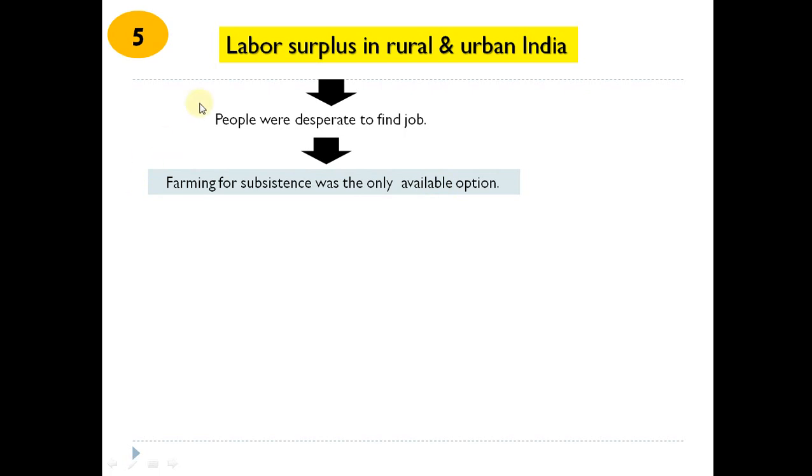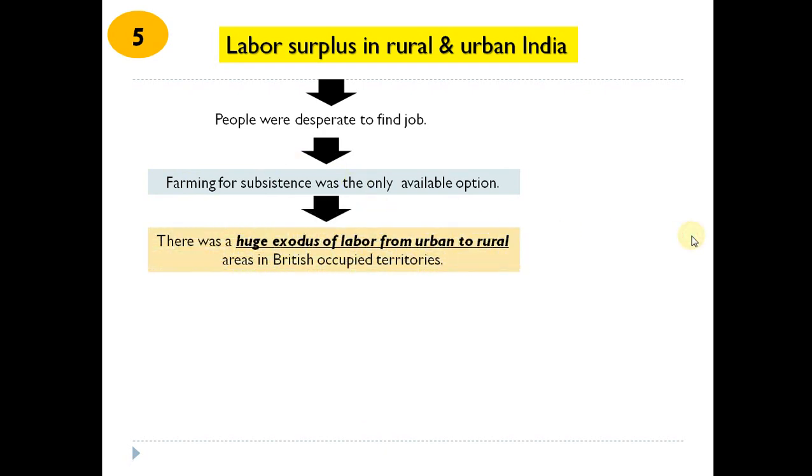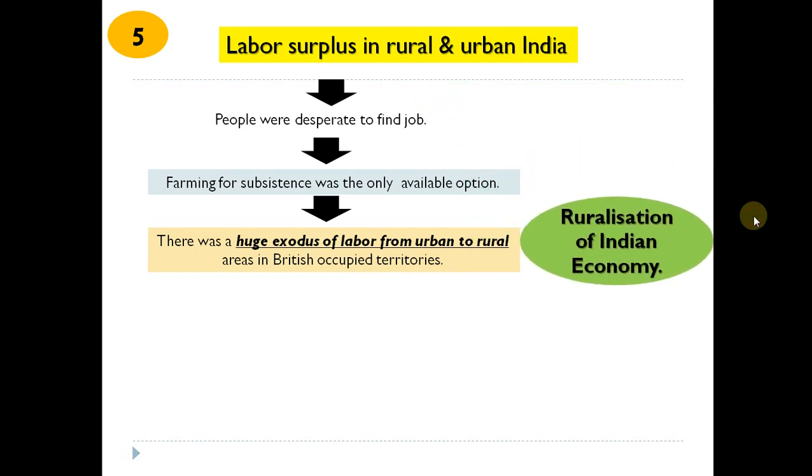Everyone who is now jobless is going to involve himself or herself in farming. Farming for living, farming for subsistence. So there is going to be a huge exodus of labor from urban to rural areas in British occupied territories. And this is referred to as the ruralization of Indian economy.